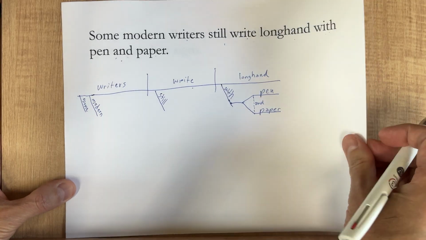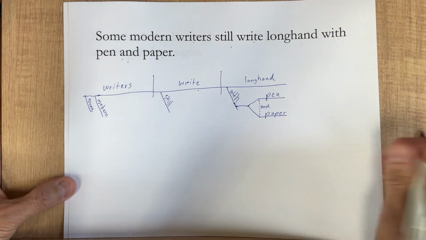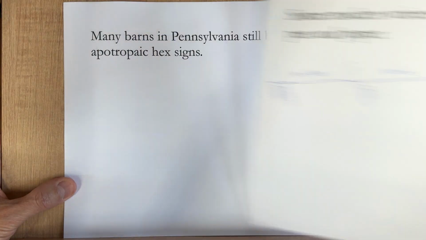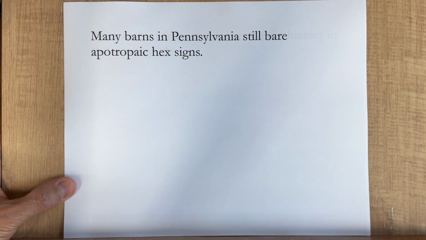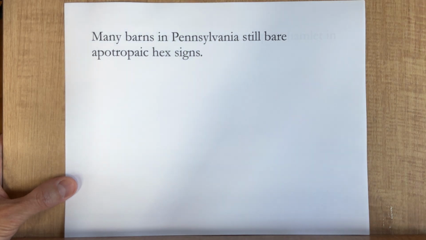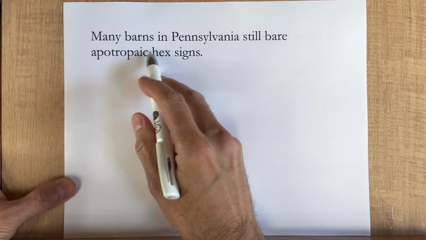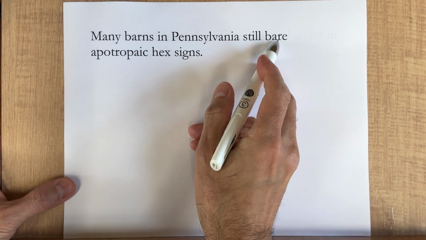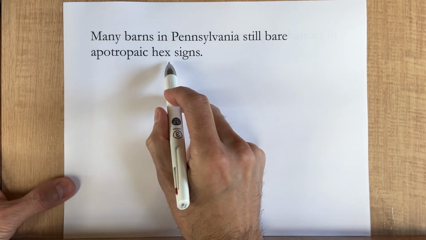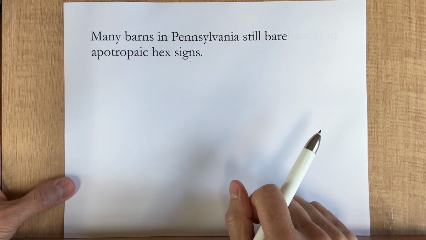Not too bad, but let's move on to the next one and see how that works out. Okay. Many barns in Pennsylvania still bear apotropaic hex signs.